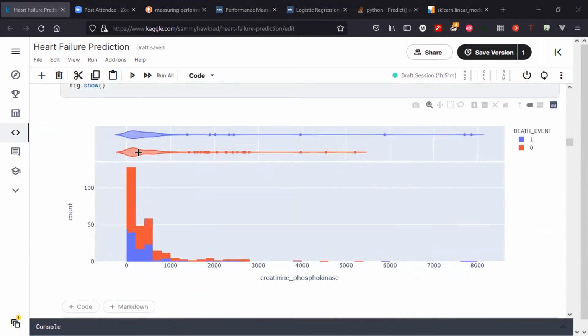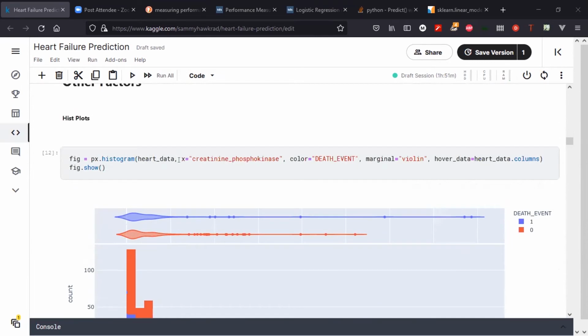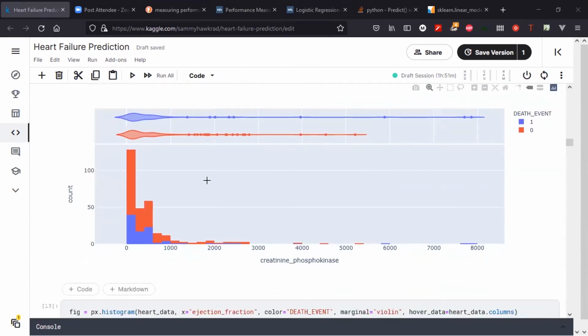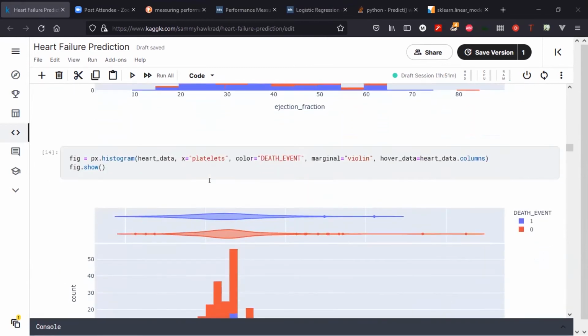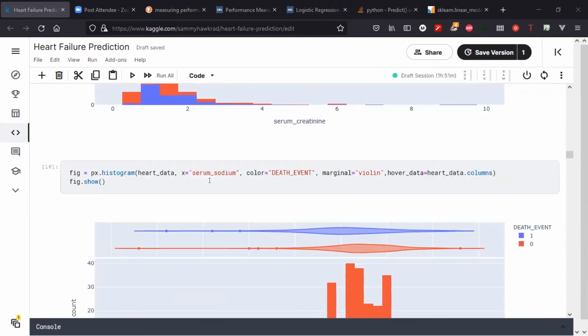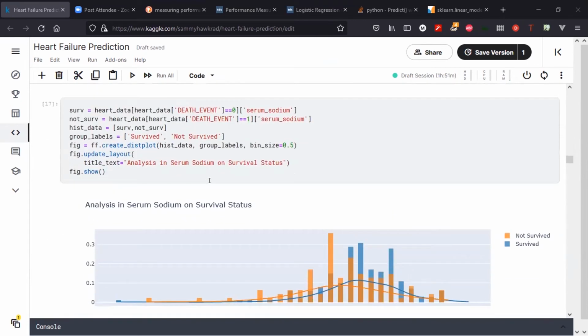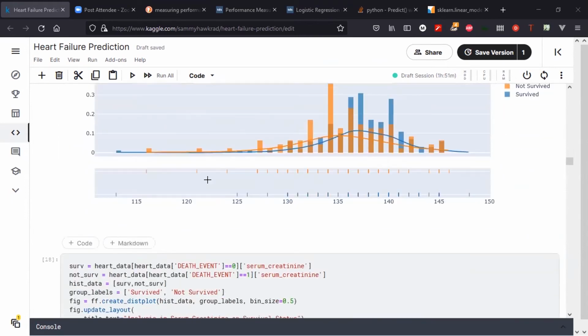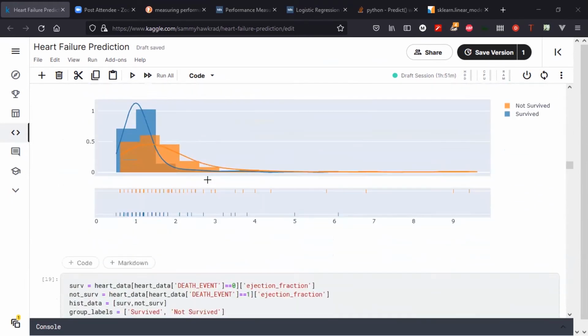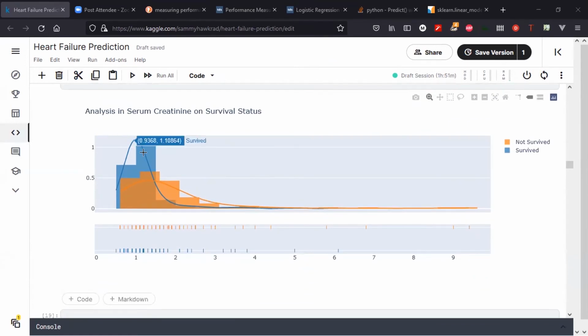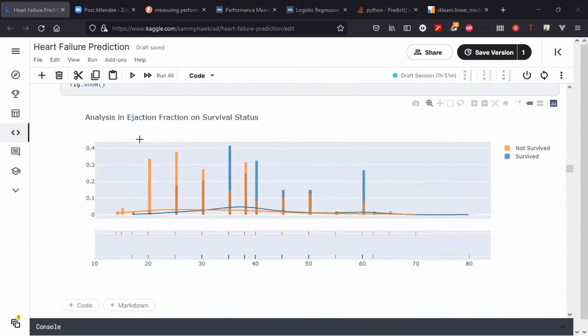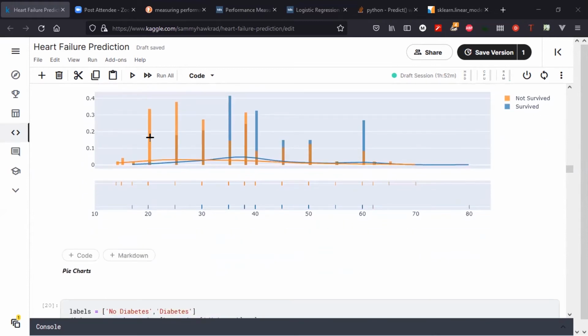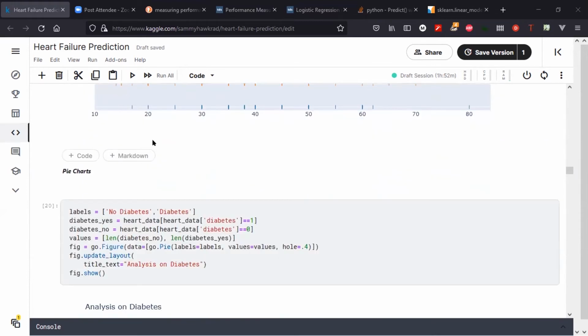We also looked at how other factors, the other medical conditions, affect their survival or death. So we took each of the features and analyzed the age distribution and whether the person died or not.